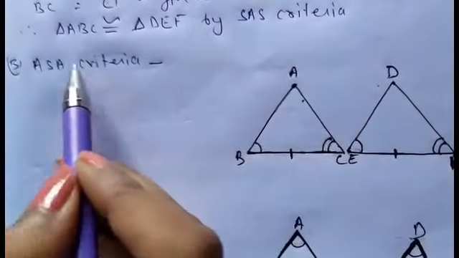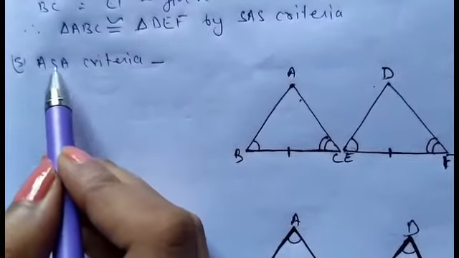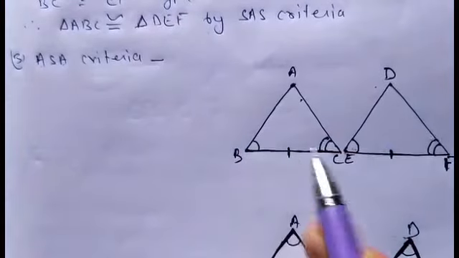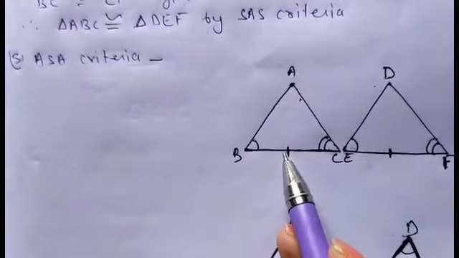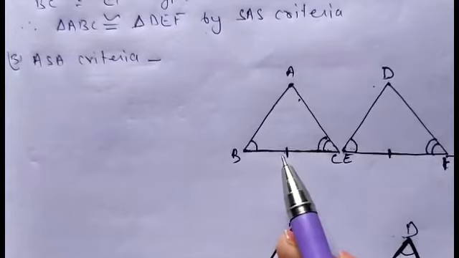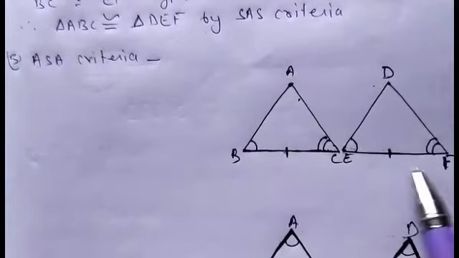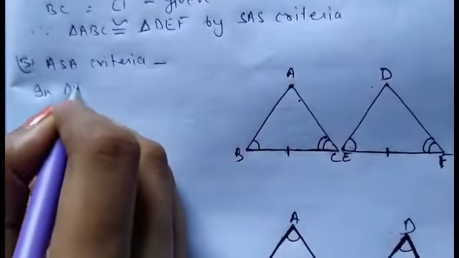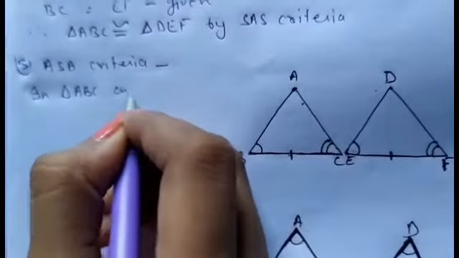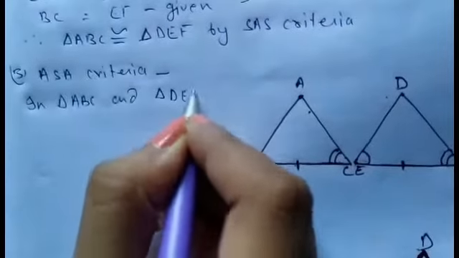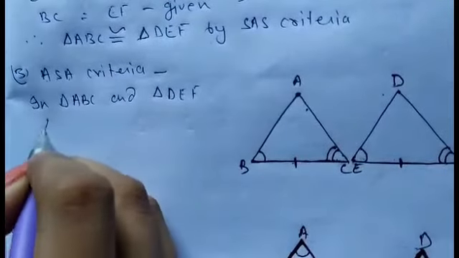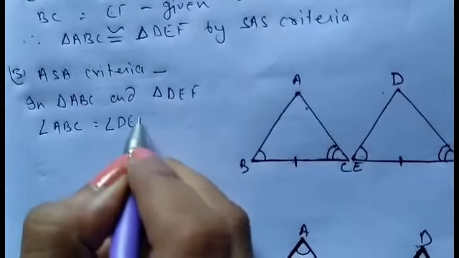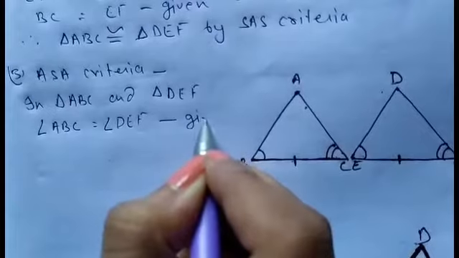Third, ASA criteria stands for angle side angle criteria. If two angles and the included side of one triangle are equal to the corresponding angles and side of another triangle, then they are said to be congruent. For example, in triangle ABC and triangle DEF, angle ABC is equal to angle DEF, given.